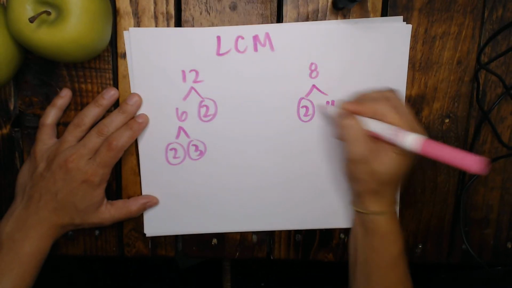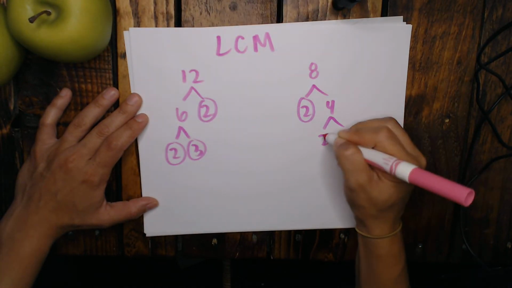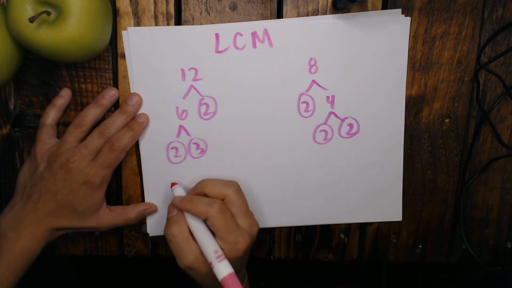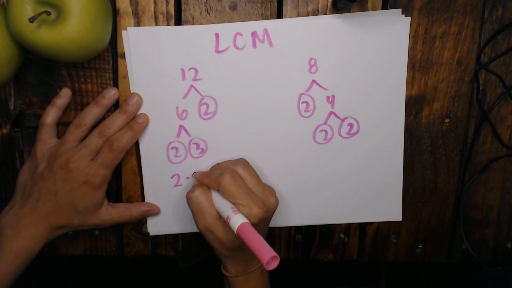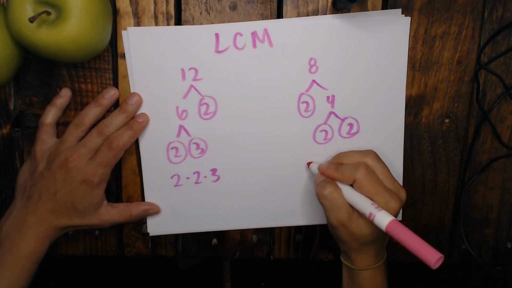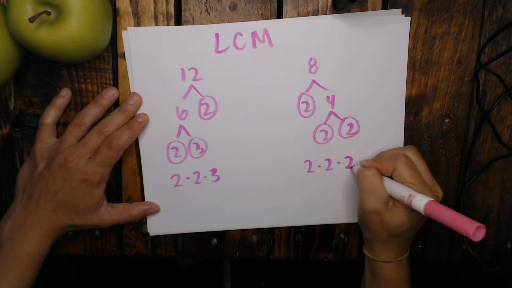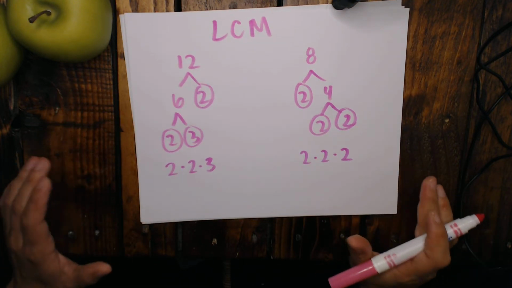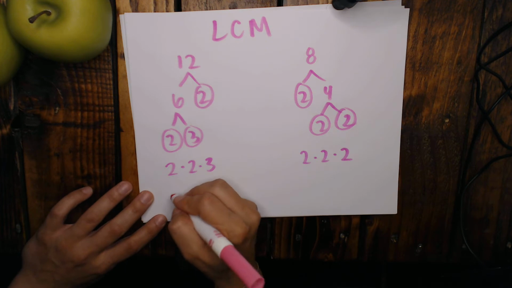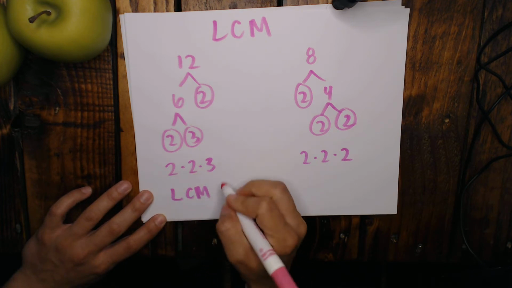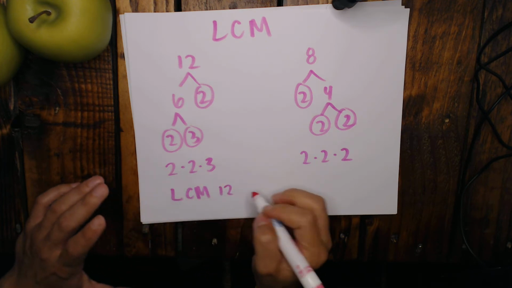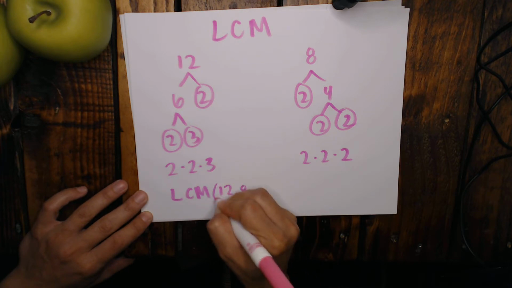Again, I like to circle my prime numbers to know that I am done. I'm going to list them again as 2 times 2 times 3 and 2 times 2 times 2. Now when I list them, and I'm talking about the LCM, sometimes you may see it almost as like an ordered pair, saying 12 and 8.